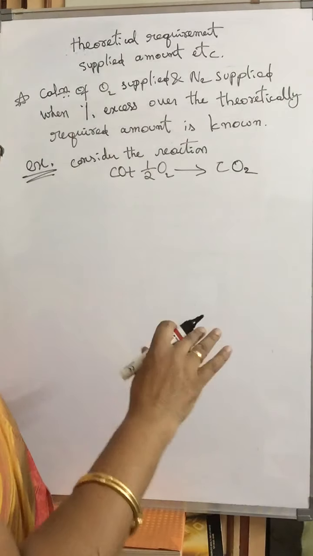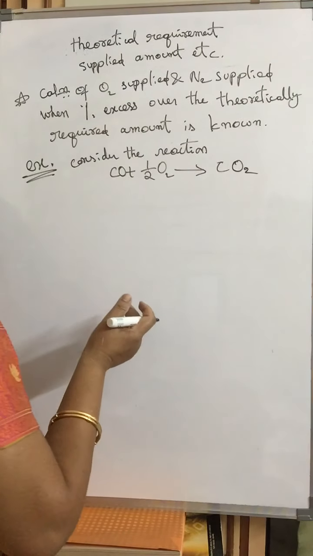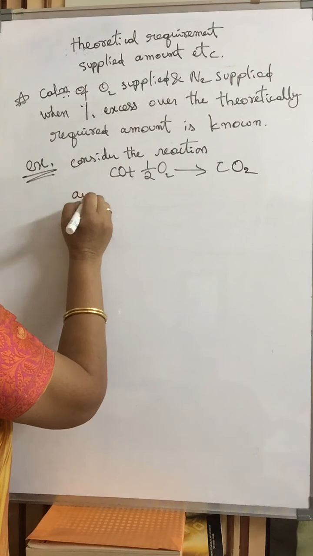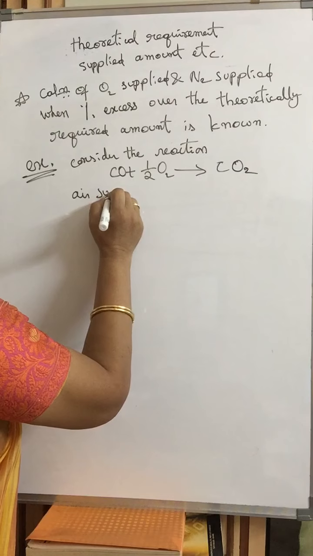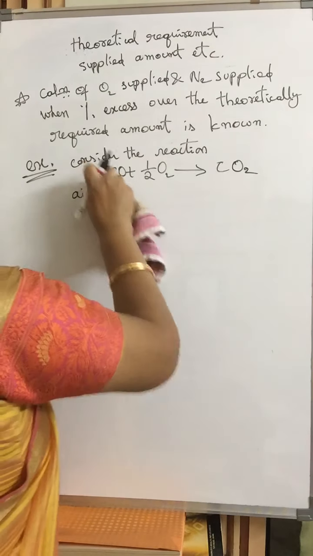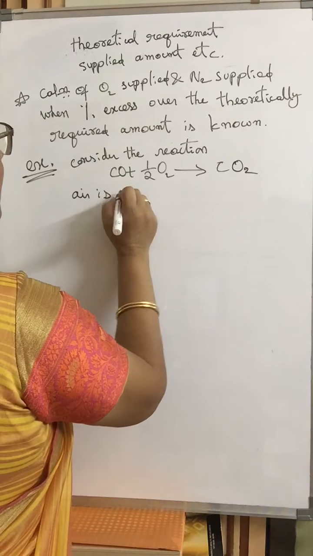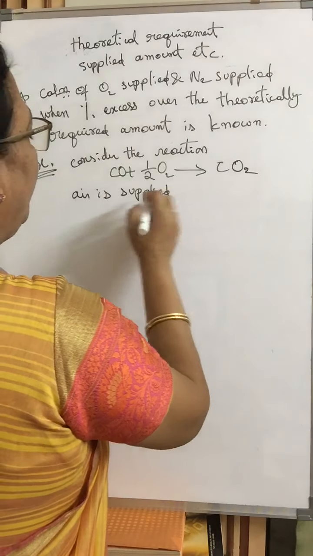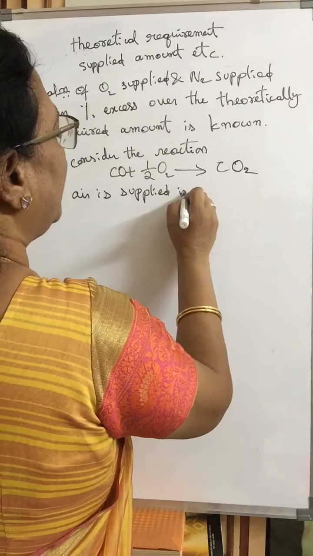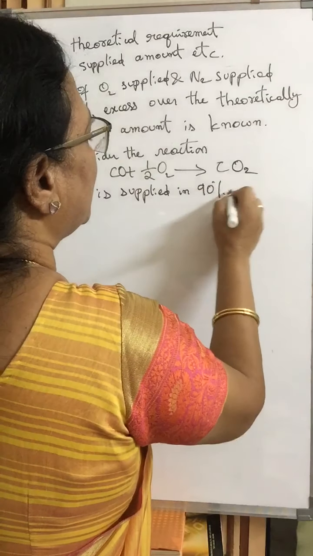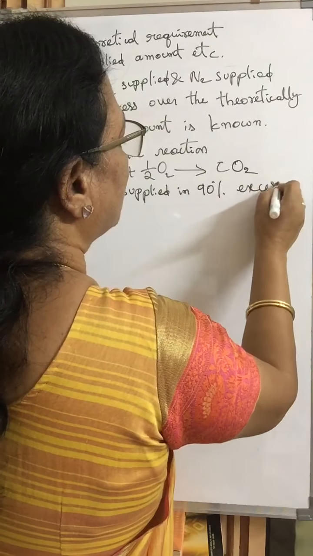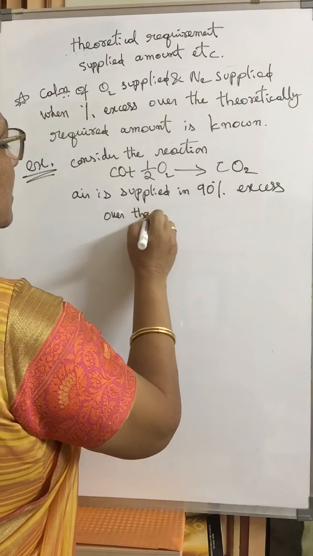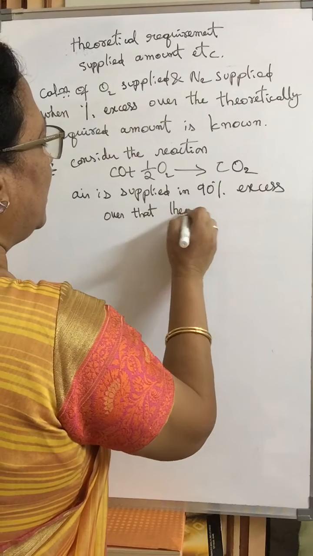Air is supplied in 90% excess over that theoretically required.